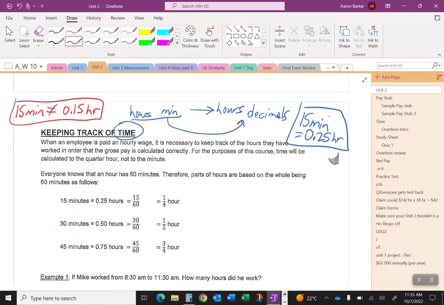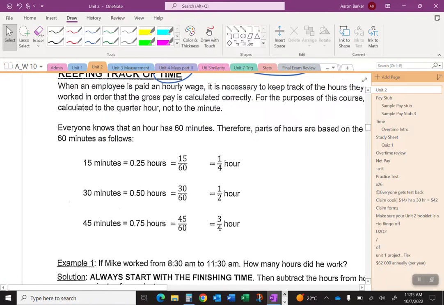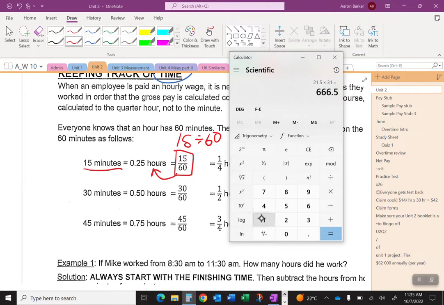Okay, so what we have here is the different decimals. For example, if you have 15 minutes, you would go 15 divided by 60, that's what the fraction means, and you get 0.25 up on your calculator.